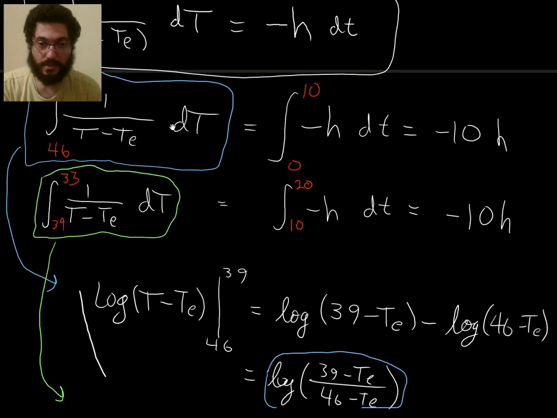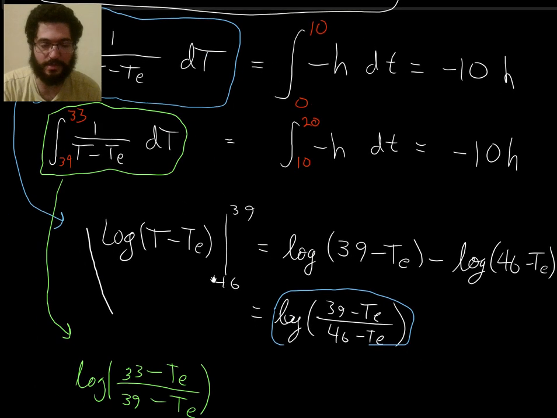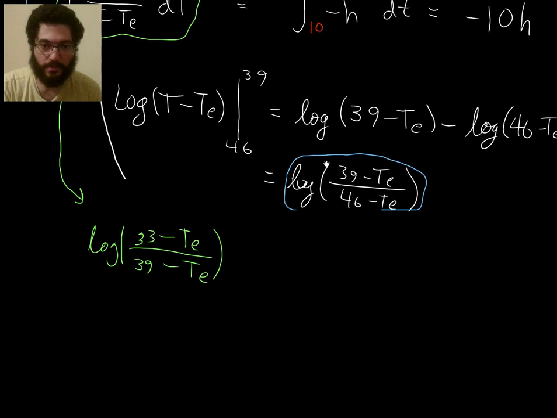So nicely, I can immediately eliminate h. This thing equals minus 10h, and this thing equals minus 10h. So just get rid of the h. These two things are equal, the blue boxed thing and the green boxed thing. They're both minus 10h, so they're equal. So after we computed the integrals, the log of this and the log of that are equal.